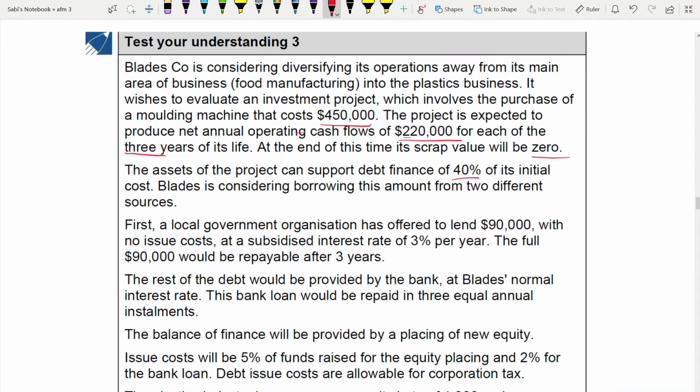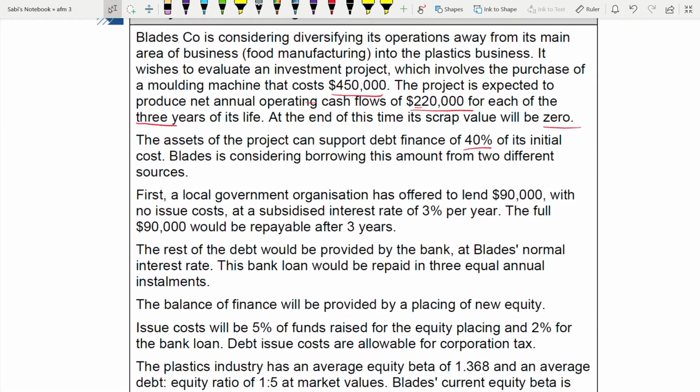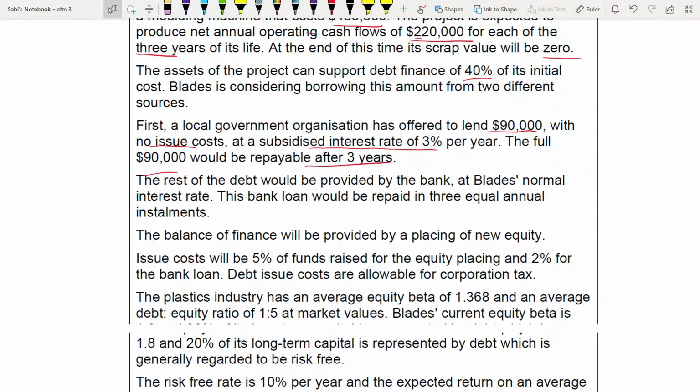Debt finance is 40% and it has 2 different sources. Government has offered to lend 90,000 with no issue cost and subsidized interest at 3%. The full 90,000 will be repayable after 3 years, it's a redeemable debt. The rest of the debt would be provided by the bank at the normal interest rate.